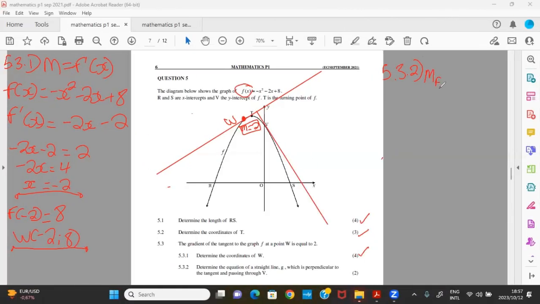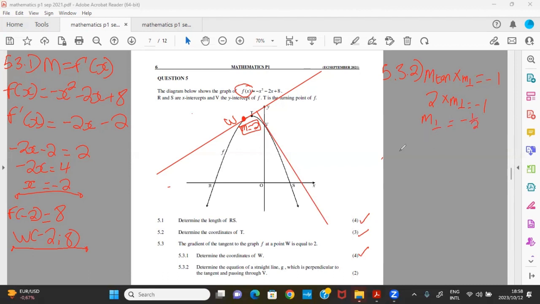For my tangent, the gradient of my tangent multiplied by the gradient of my perpendicular line must be negative 1. So 2 times the gradient of my perpendicular line must be negative 1. Then the gradient of my perpendicular line will be negative 1 divided by 2. So it's going to be negative half.